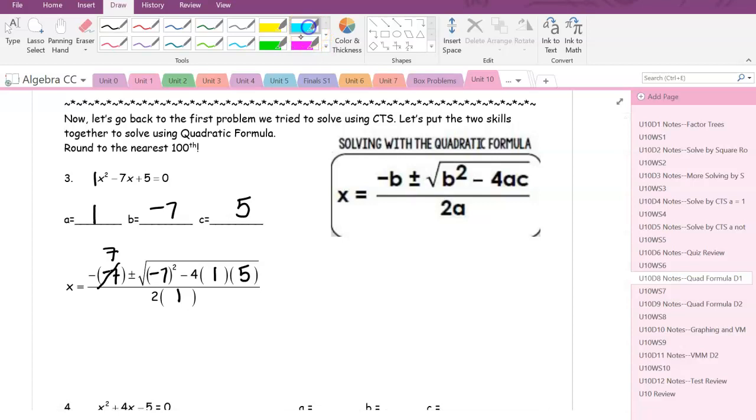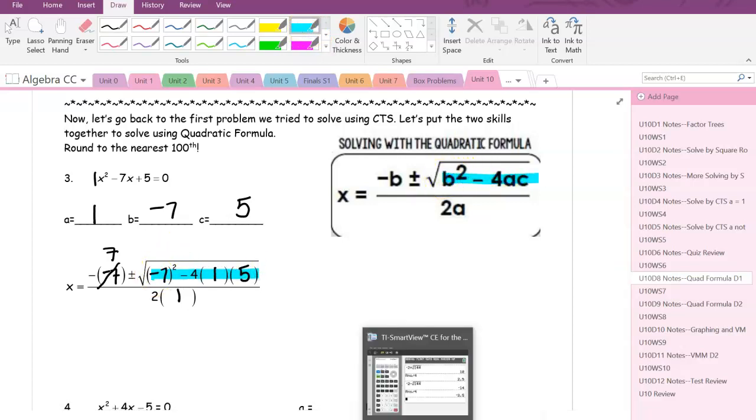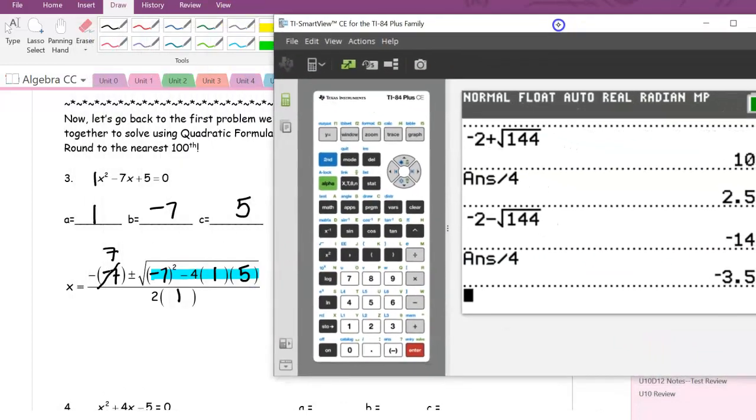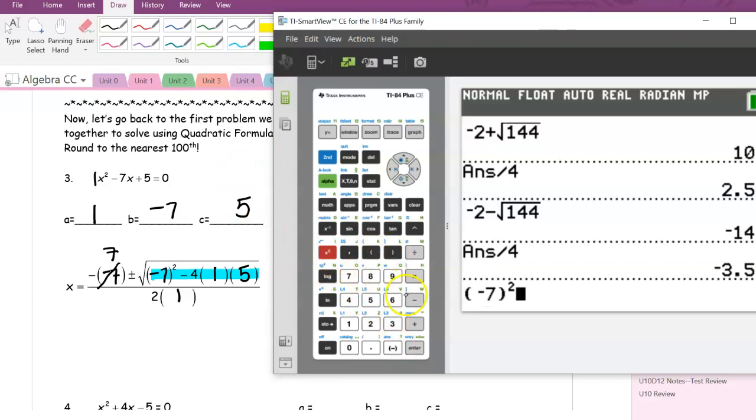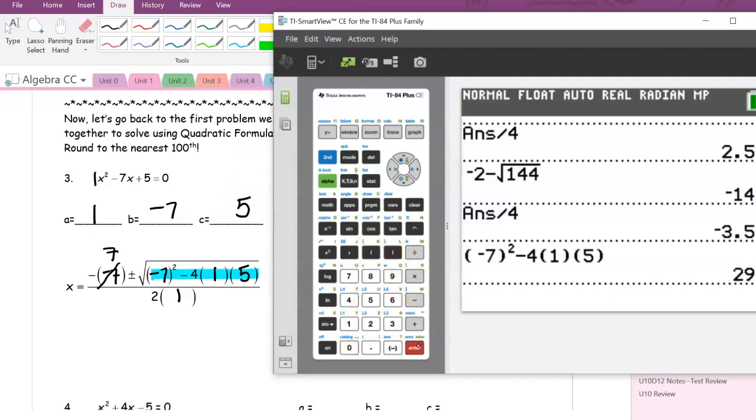Now I'm going to calculate this part right here, which is the discriminant. And I'm going to do that just like I did on the previous page. I'm going to use parentheses. Negative 7 squared minus 4 times 1 times 5. And that gives me a 29.